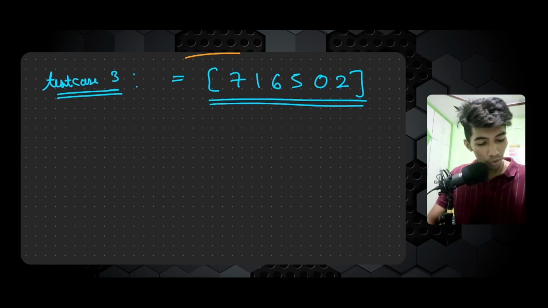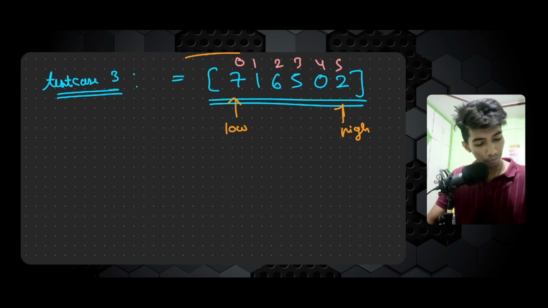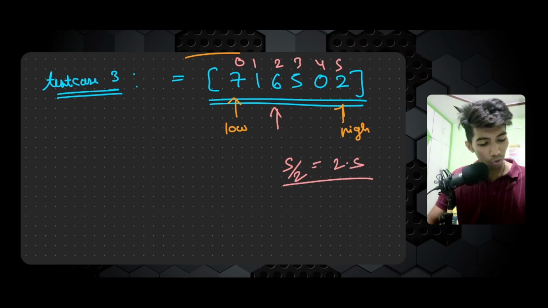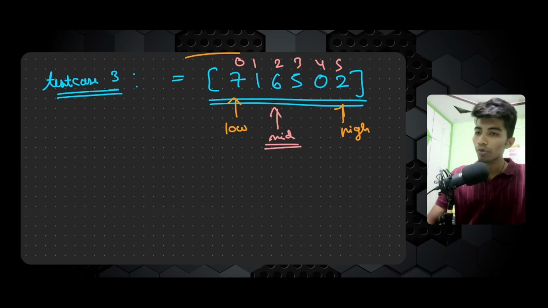Now, firstly what we will do, we will write low here, we will write high here. When we calculate the mid, it will turn out to be this particular thing. Because we all know 5 by 2 will return 2.5, so we will write it as 2, as a float. So my mid is at 2 right now.